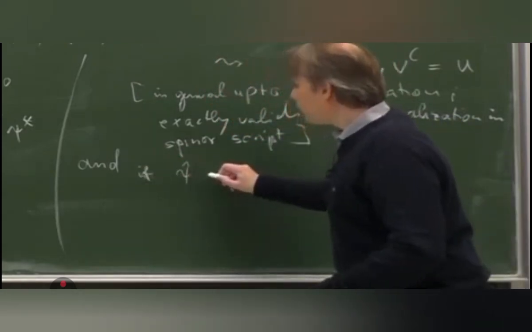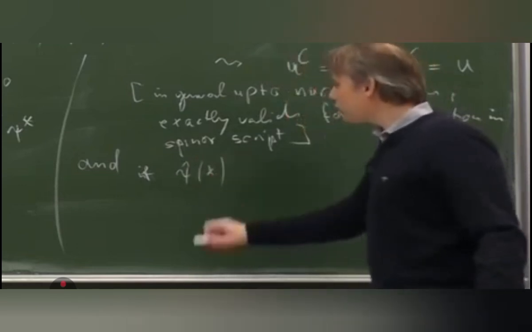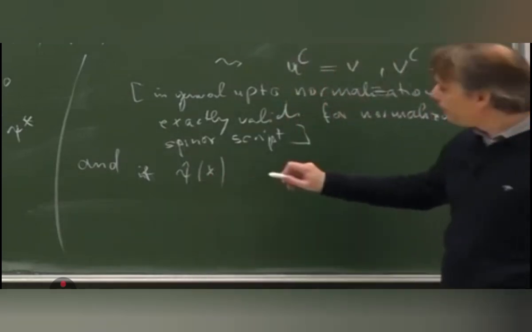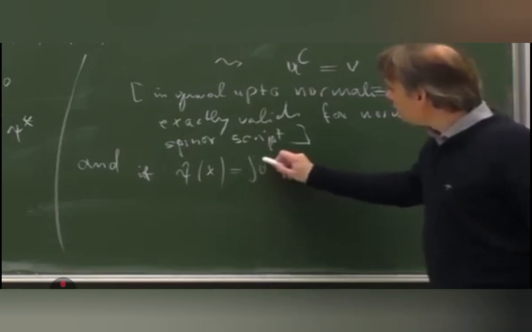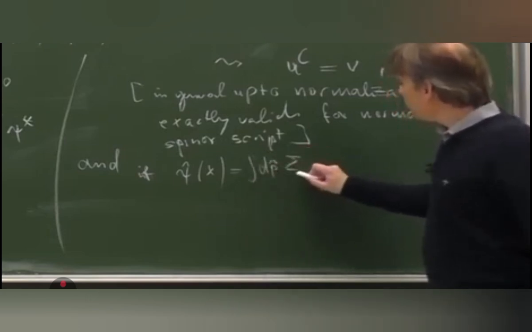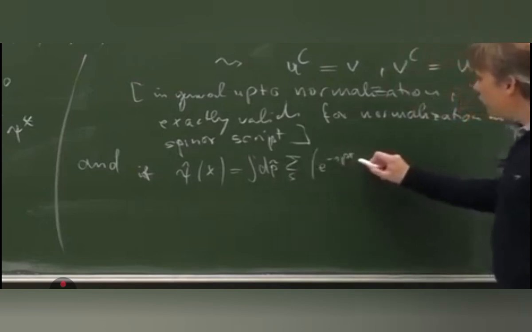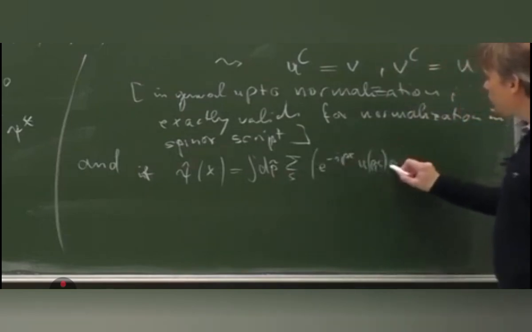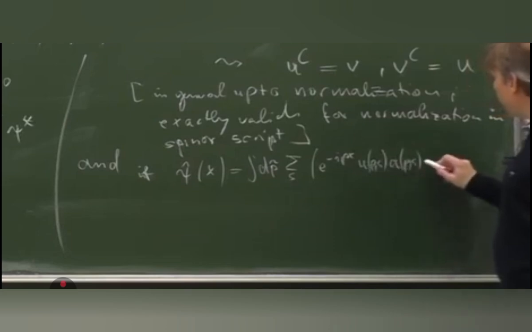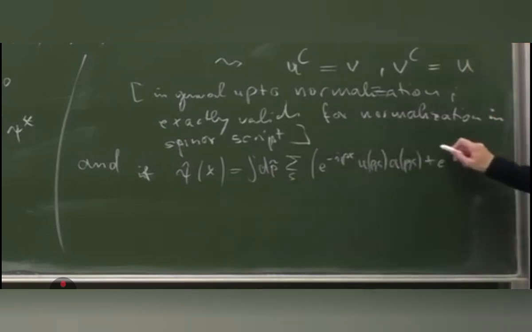Namely, if we have our field operator in the quantized theory, psi hat of x, then that was this d p tilde integral, sum over s, e to the minus i p x u of p comma s times a of p comma s, plus the same with b dagger: U and A, and V and B dagger.